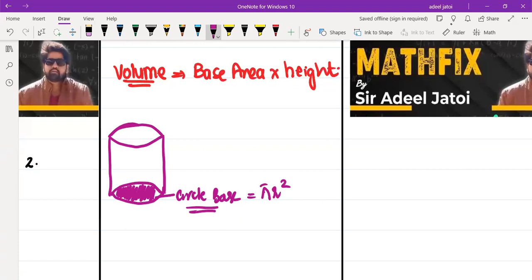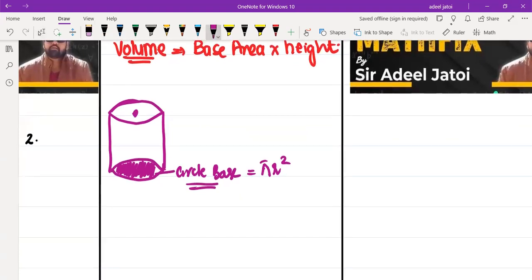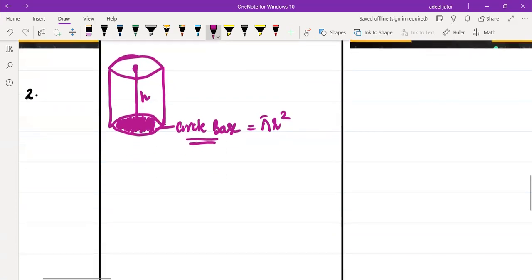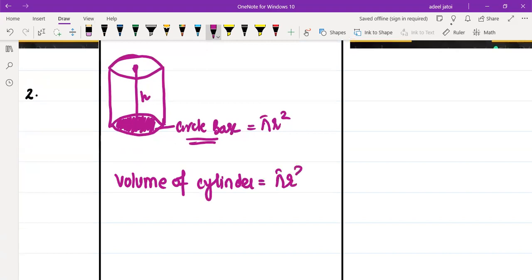Area of the circle is pi r square, and there would be height given. So volume of cylinder becomes base area into height, that means pi r square h. That means you don't need to learn the formula.